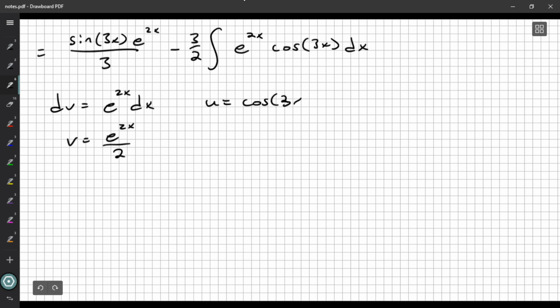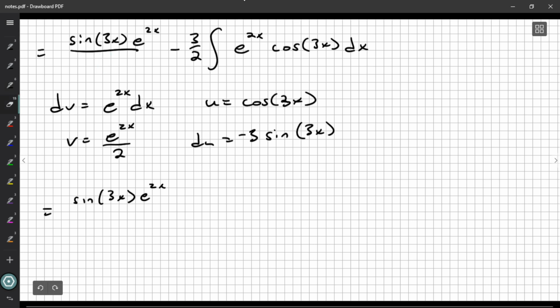So cos 3x du is going to be, I'll remember it this time, minus 3 sine 3x. Oh, and I don't know how that turned into a 3, that should be a 2. Too many constants, that's my problem.